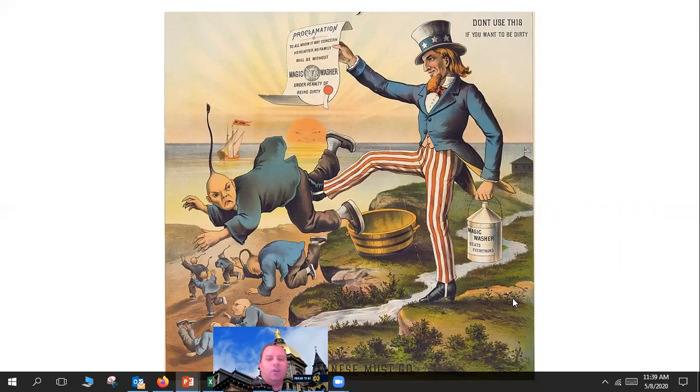Now, this is the second cartoon where we see something called Magic Washer. One of the things that the Chinese had to do when they came over here and found it hard to find work is establish and run their own businesses. That was the only way that they were going to survive, because nobody would hire them.